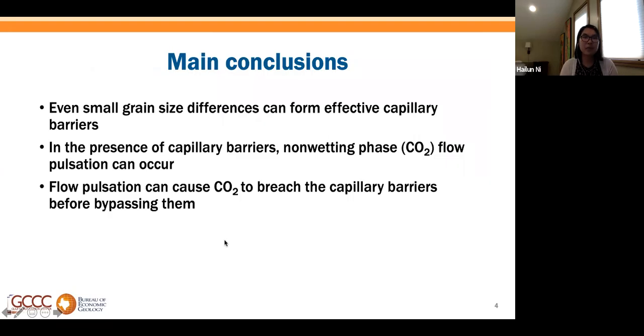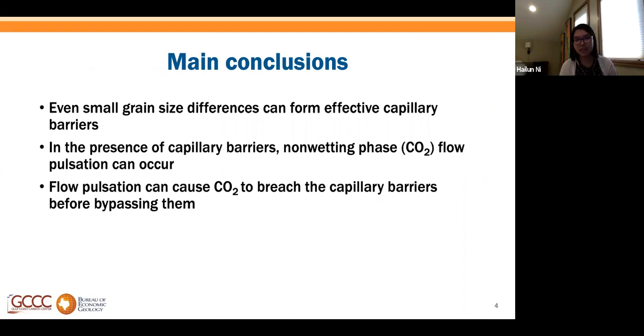So some main conclusions for this data set. As we have seen, even small grain size differences, as used in this experiment, can in fact form effective capillary barriers.